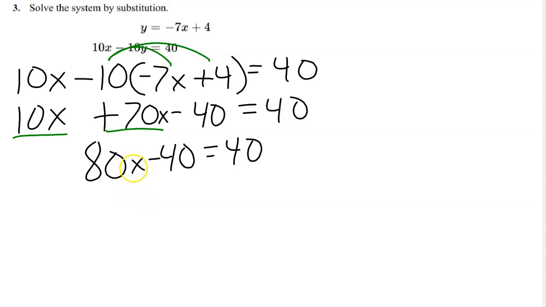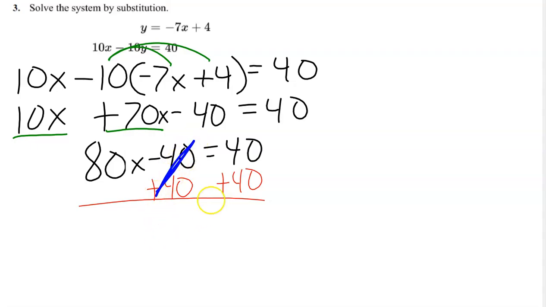Alright, I want to continue to isolate this x here. So what I'm going to do is do the opposite of minus 40 and add 40 on both sides. Alright, so this will cancel out.